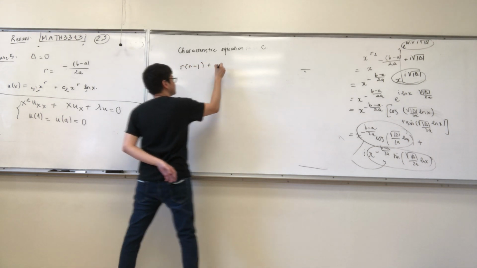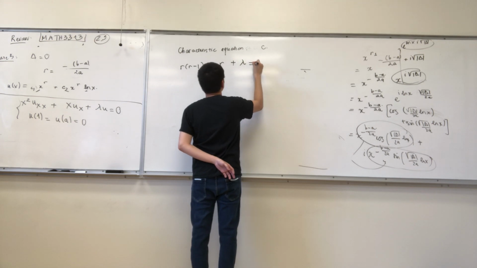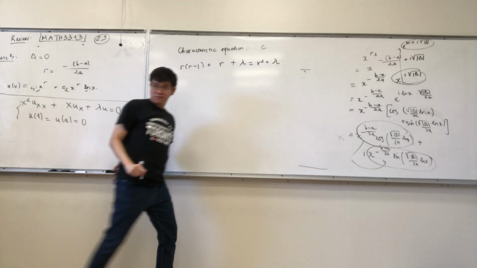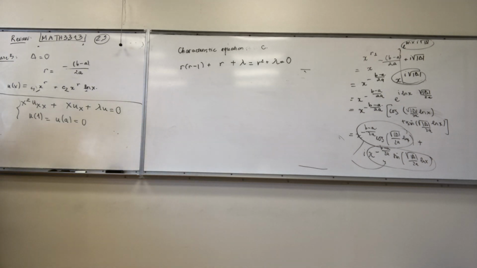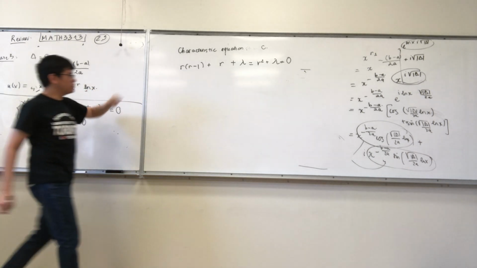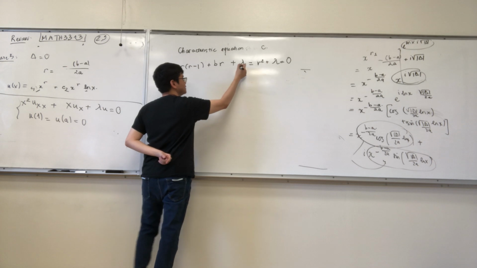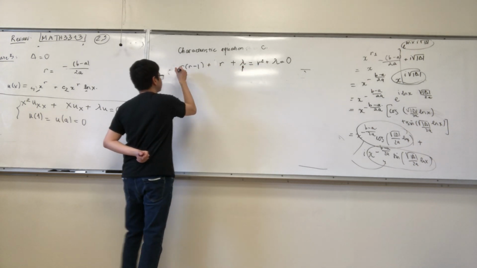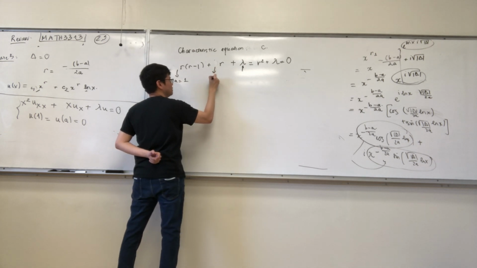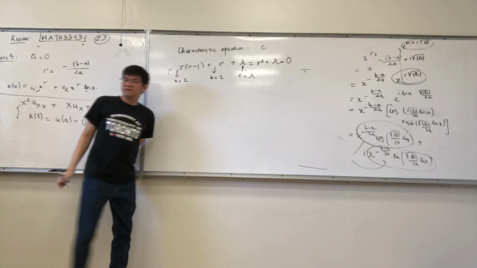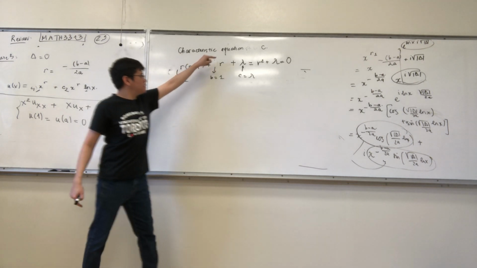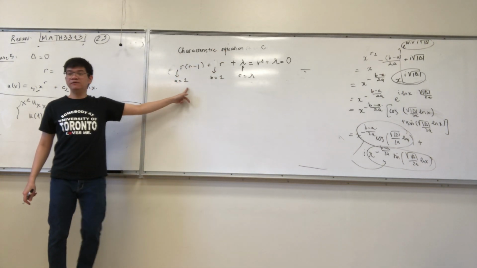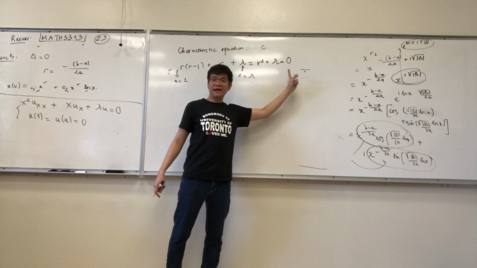Apply the formula that we had before: here A is 1, B is 1, and C is lambda. So you get the characteristic equation r times (r minus 1) plus r plus lambda, which is r squared plus lambda, and this is 0.